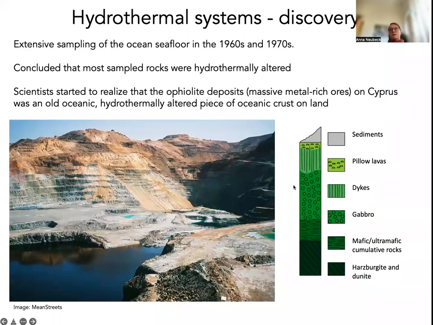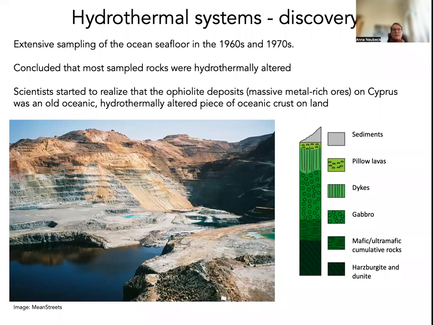Then after this expedition, there was some extensive sampling of the ocean seafloor in the 1960s and 1970s. A lot of samples were collected, and from all the samples, they could conclude that these sampled rocks were hydrothermally altered. So they could see that the rocks themselves had been altered by hot water.